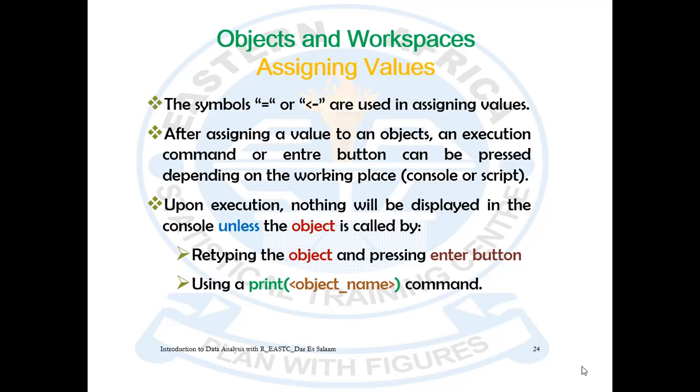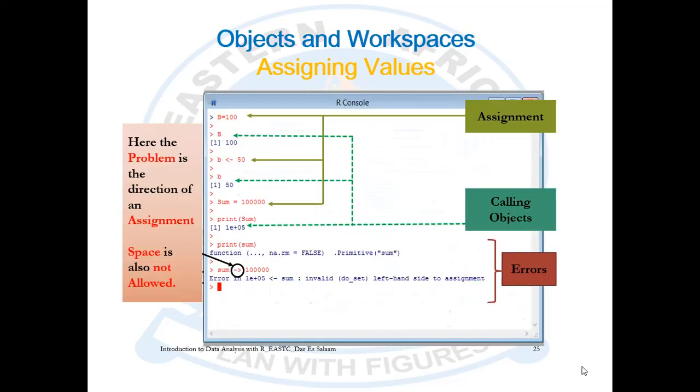And the most important thing is R overrides the names. So if you assign a variable name and then you reassign it a different value, the previous one will be overwritten. And here is some clarification on how to assign variable names. You can see you have assignment.